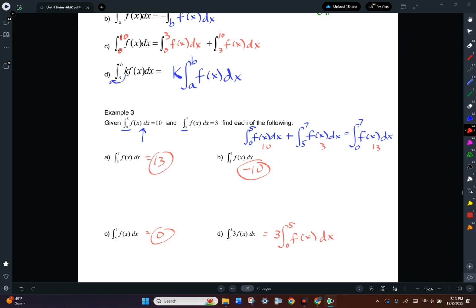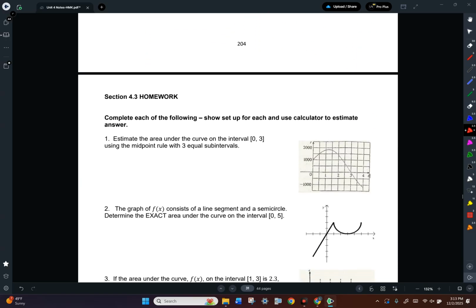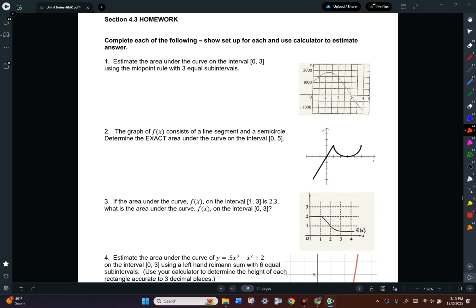Hey, look, don't we know that from 0 to 5 actually equals 10? So this would be 3 times 10. Okay, so just some basic properties that you can use with integrals. So the homework there starts on page 205.